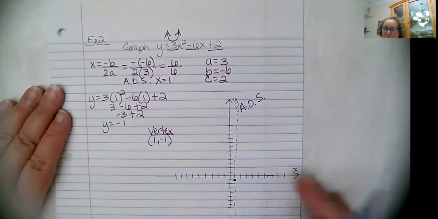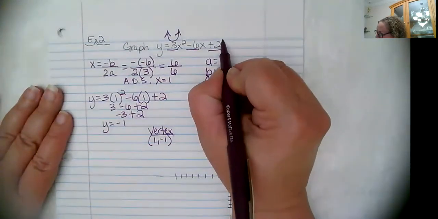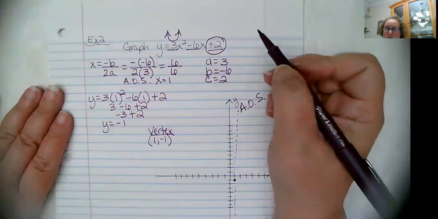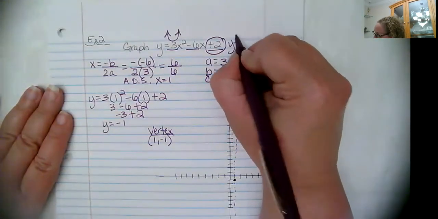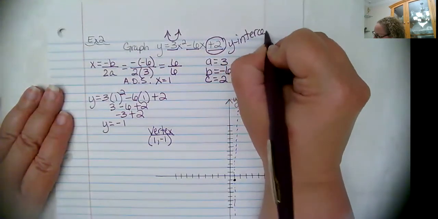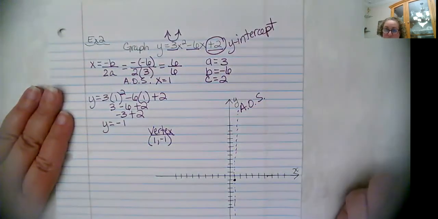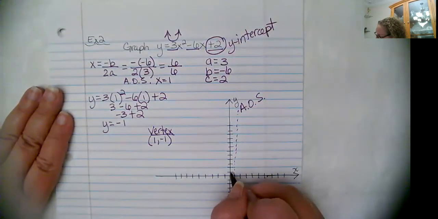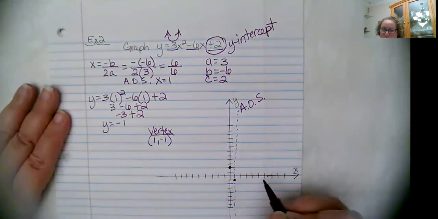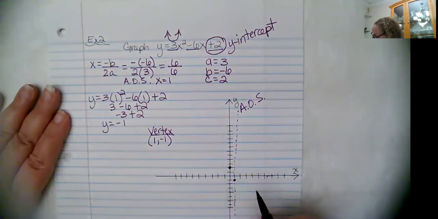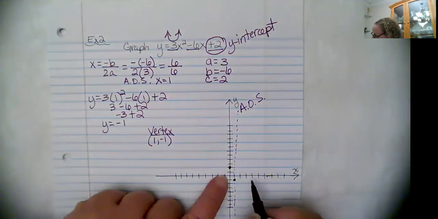So when we go back to our equation, just like in slope-intercept form, this constant is our y-intercept. So we're going to plot that right on y. Y is equal to positive 2. So 0, 2. Then once you have that point, we can reflect it across that axis of symmetry.